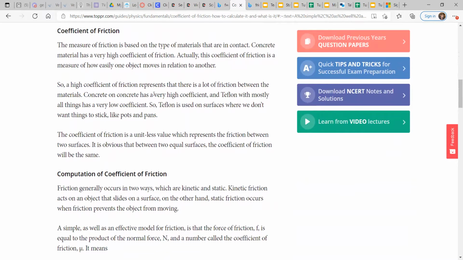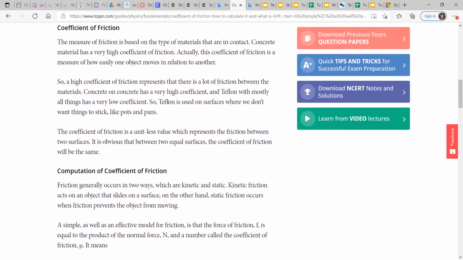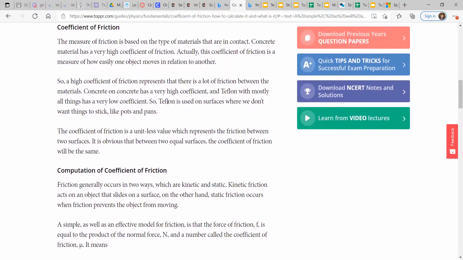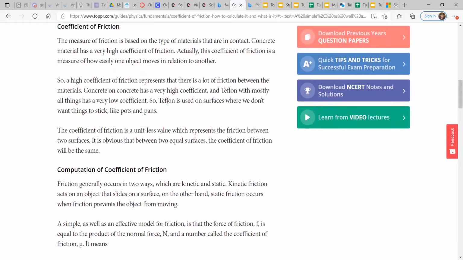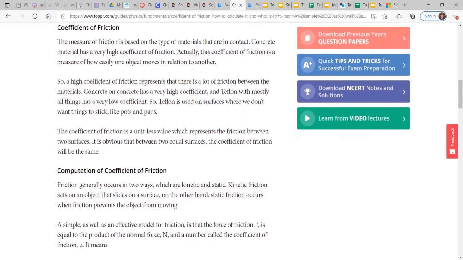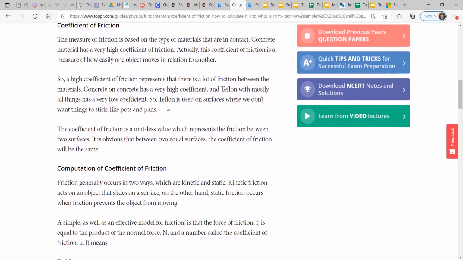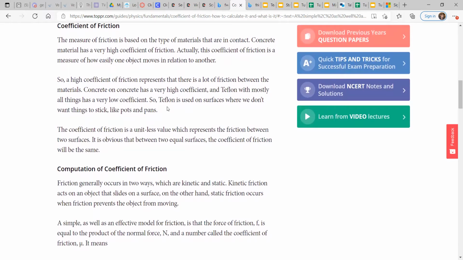So if you're on concrete, it'll have a very high coefficient, which means there will be a lot of friction, whereas something less hard, more slick, like tile or a gymnasium floor, you can slide things on them more easily than concrete.